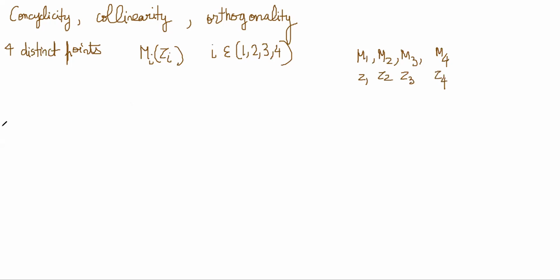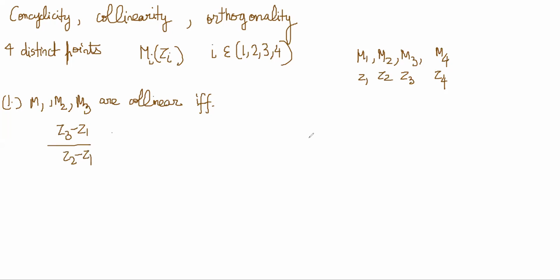Okay. Now, first thing that we'll see is M1, M2, and M3 are collinear if and only if you have (Z3 minus Z1) by (Z2 minus Z1) belongs to the positive reals. This is something that we have already seen earlier, right? They lie on the same line, right?